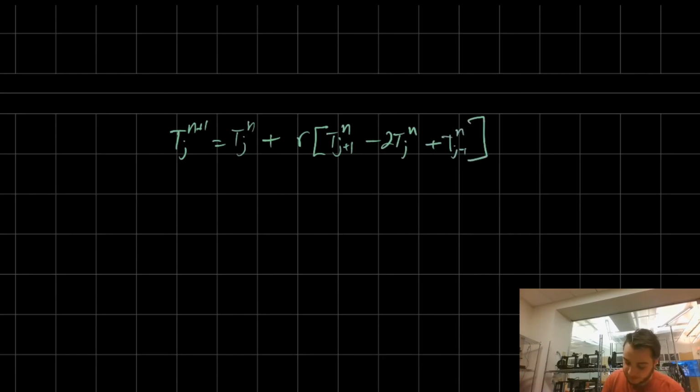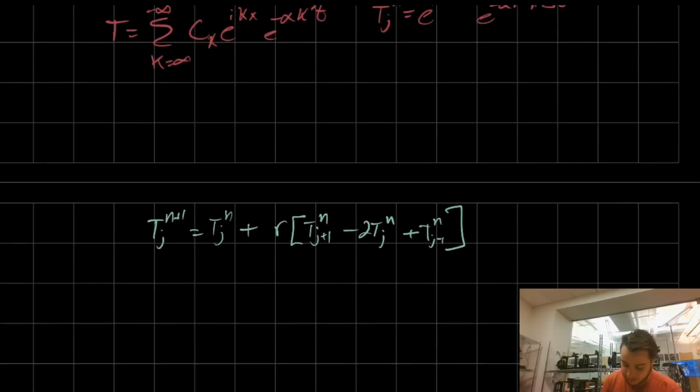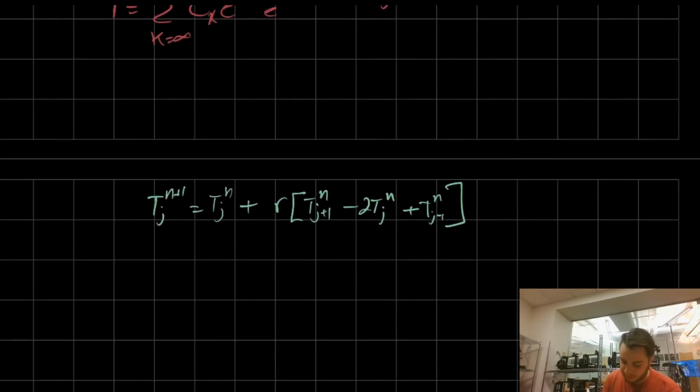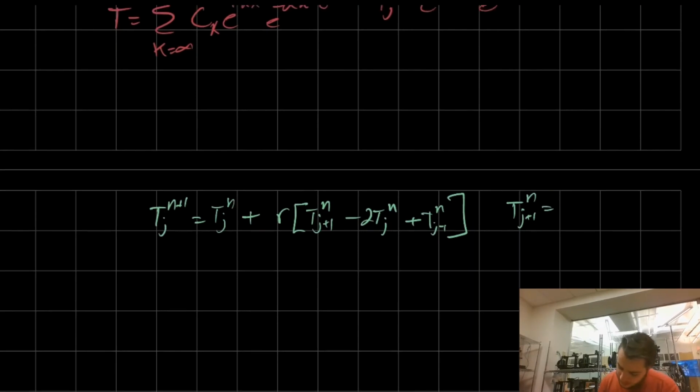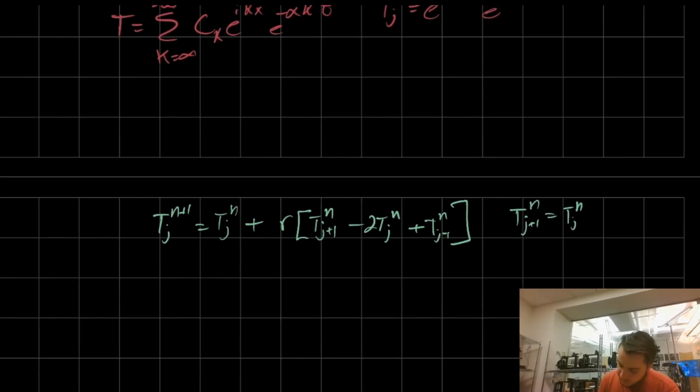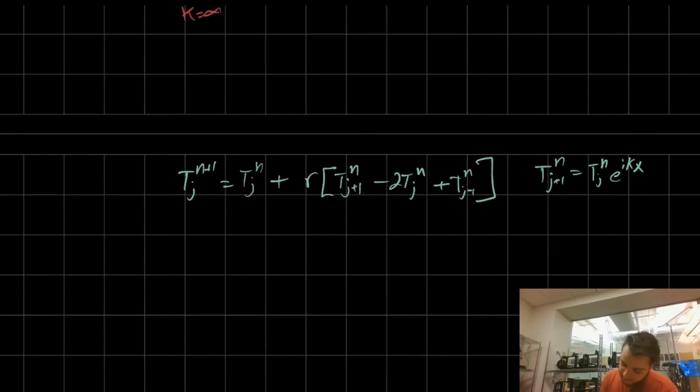So how do we plug in, or what plugs in to make these simpler? Well, T_(j+1) is actually equal to T_j^n e to the ikx. And then inversely, T_(j-1)^n is equal to T_j^n e to the negative ikx.